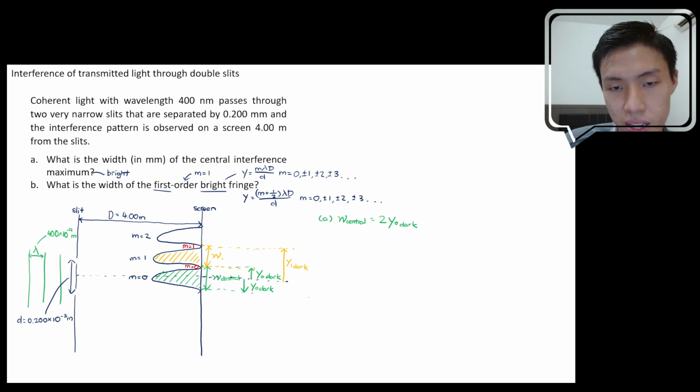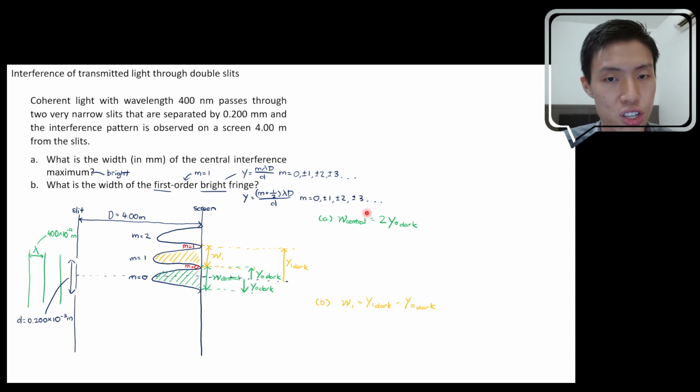So for question B, to determine the width of the first order, you just take y1 dark minus y0 dark. Now that we have figured out the relationship between the width and the y, the distance from the central, what we can do is just substitution.